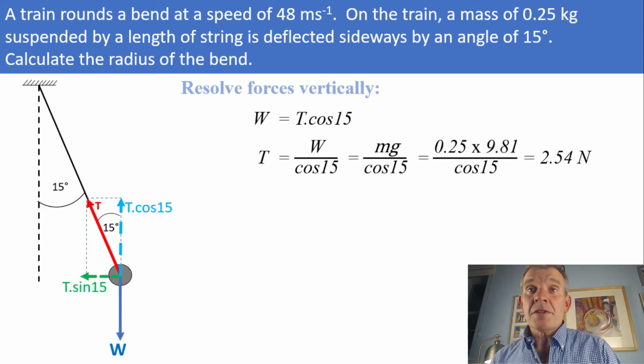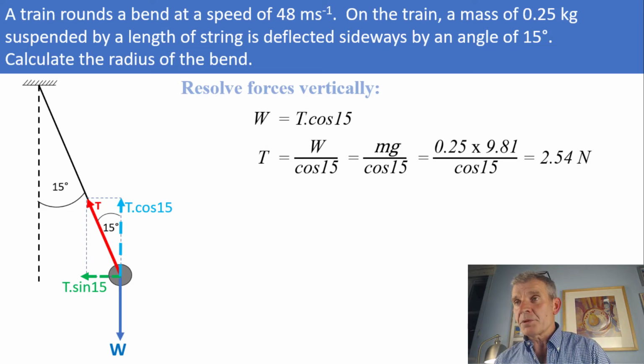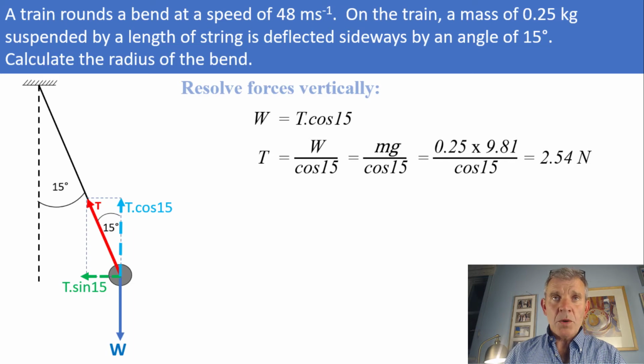Reorganizing that formula, we can say T is equal to W over cos 15. Substituting mg for W, putting in 0.25 kilograms and gravity 9.81, our tension is 2.54 newtons.